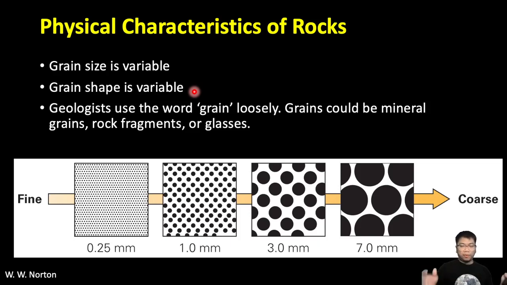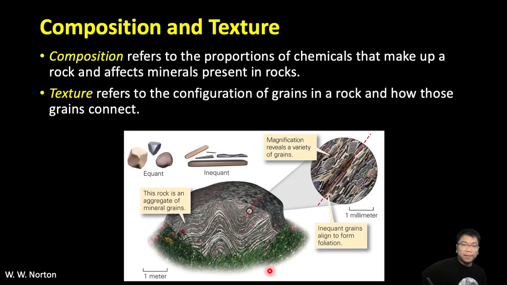Whatever those things are, as long as they are loose particles, we could call them grains. Here in this example, this is one of the ways we classify the sizes of those grains. Again, we're going to talk about this when we talk about sedimentary rocks later on.